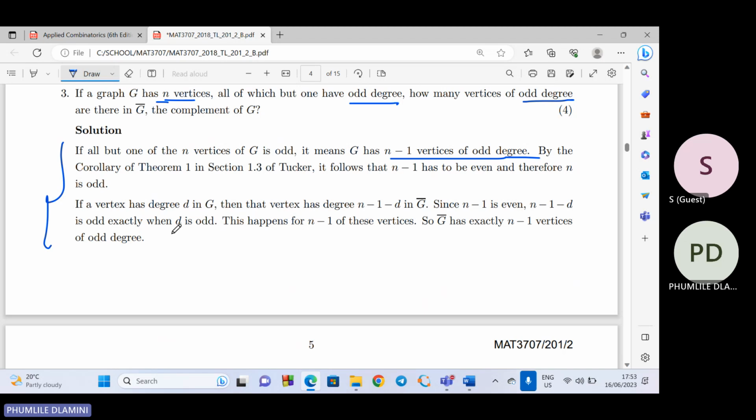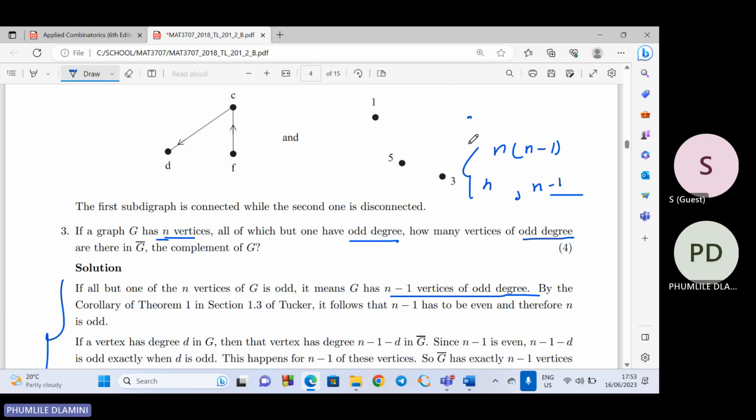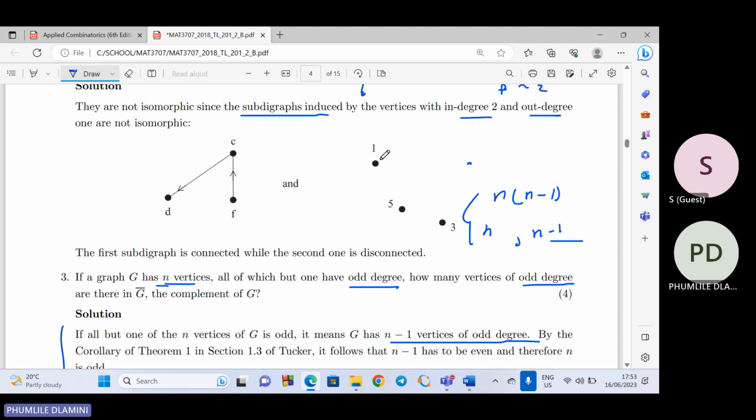But the answer here has to be n minus 1 vertices. There is nothing much you need to understand. You only have to remember the formula I gave you previously in this video: if you have n, how many degrees are we going to have?